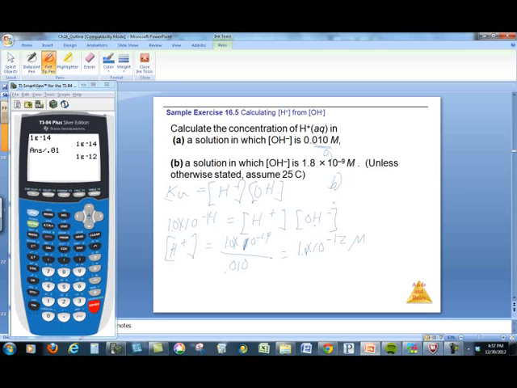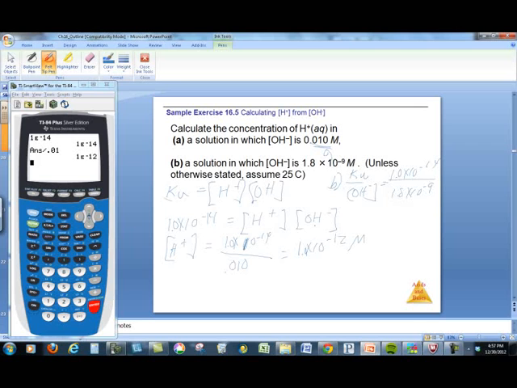I'm going to use the same formula, right? This time I'm going to solve for OH, so it's going to be my Kw over my H plus concentration, and that's going to be 1.0 times 10 to the minus 14 over my H plus, which in this case is 1.8 times 10 to the minus 9.